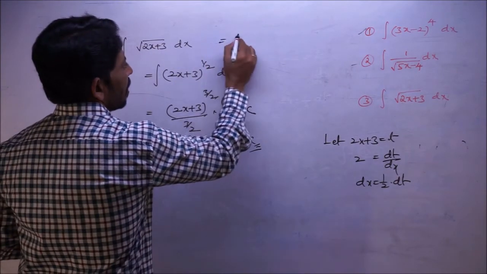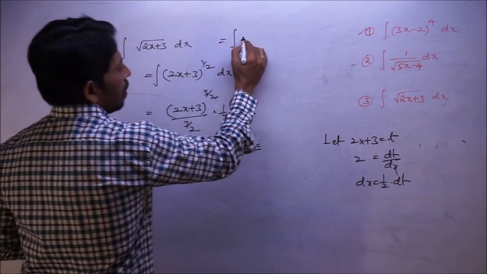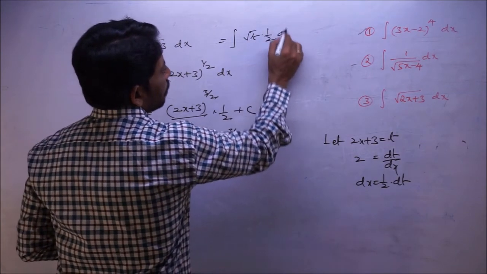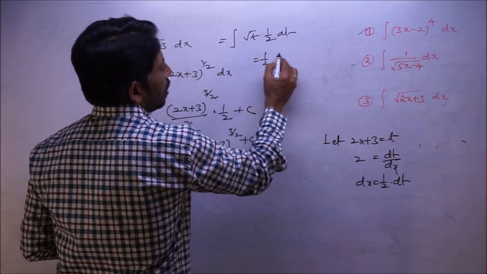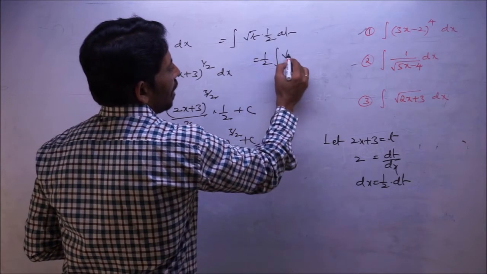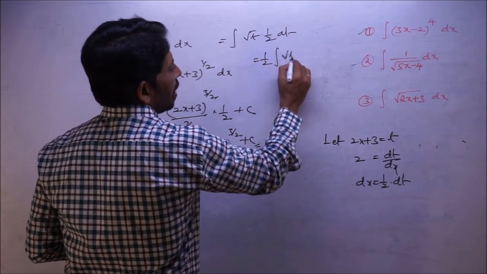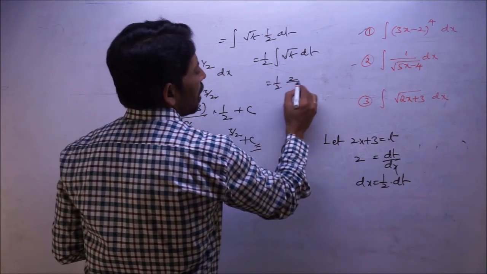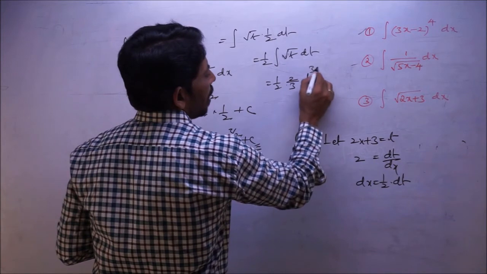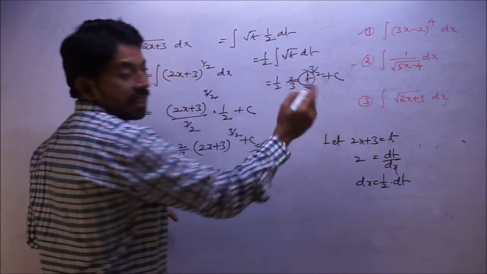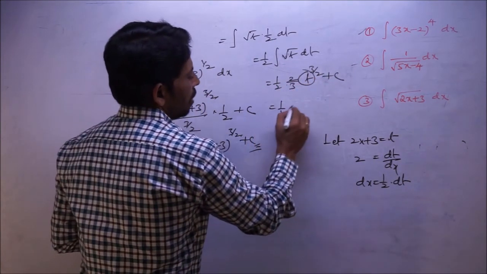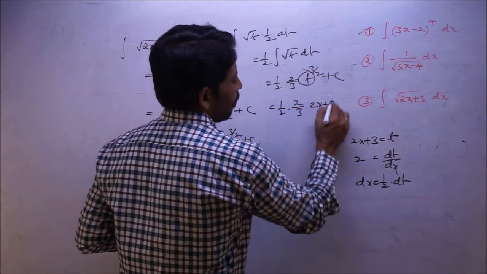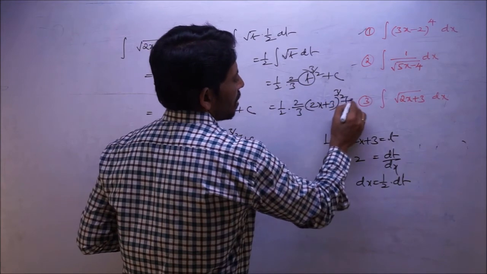This becomes integral of root t into 1 by 2 dt, that is 1 by 2 into integral of root t dt. That is 1 by 2 into 2 by 3 into t to the power of 3 by 2 plus c. Now replacing the t value, 1 by 2 into 2 by 3 into 2x plus 3 whole to the power of 3 by 2 plus c.